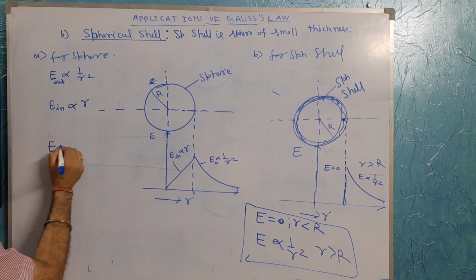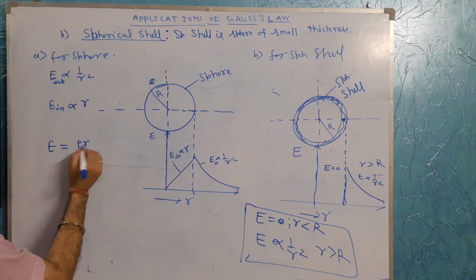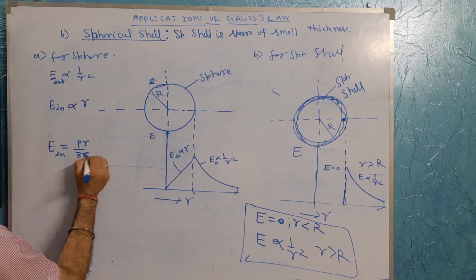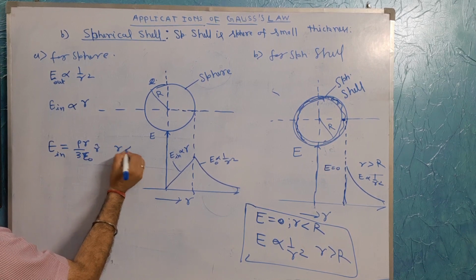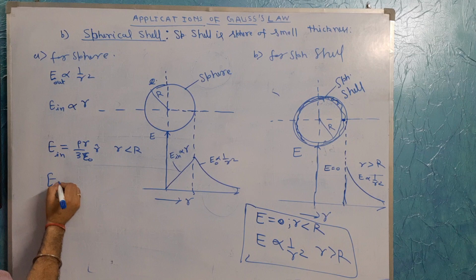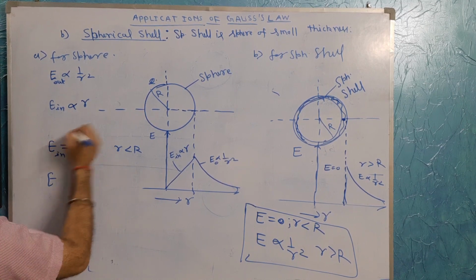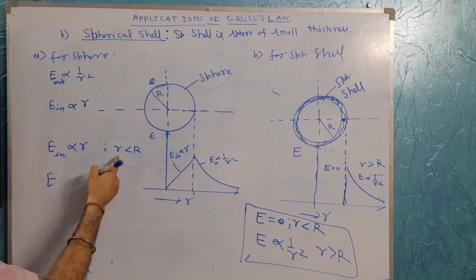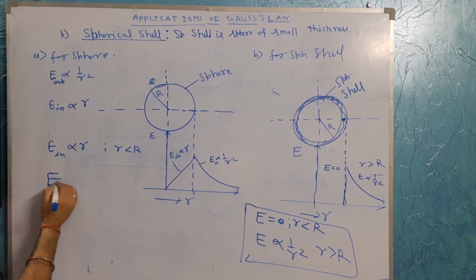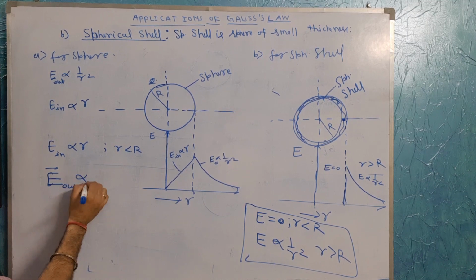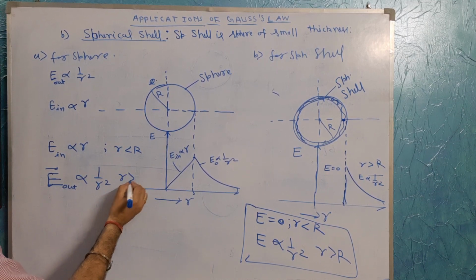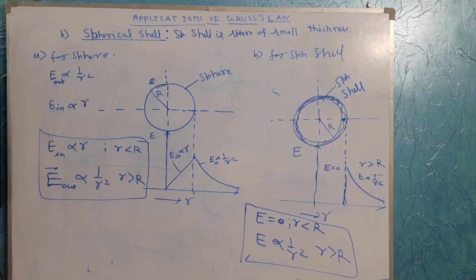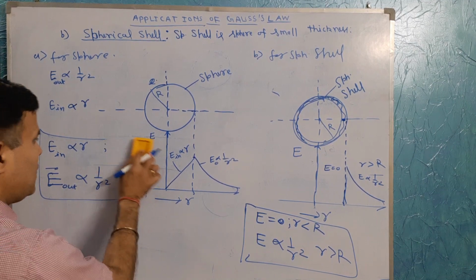So we can write the profile: E equal to rho r by 3 epsilon naught r cap when r is less than R. Let me write just the proportionality: E proportional to r for r less than R, and E proportional to 1 by r square for r greater than R. So this is the graphical representation.